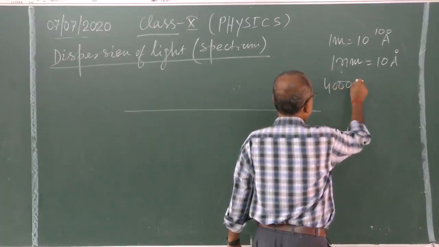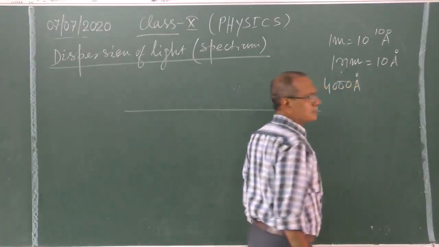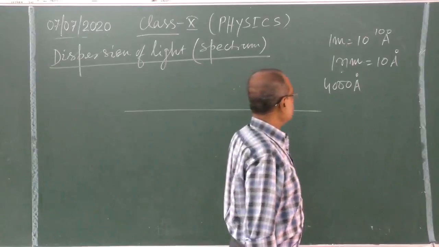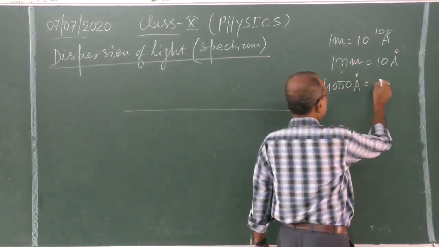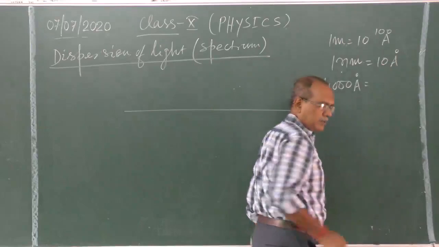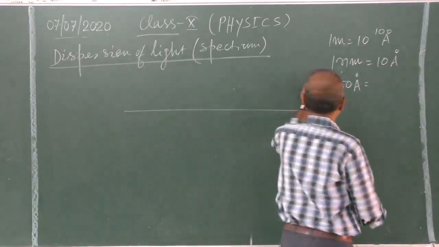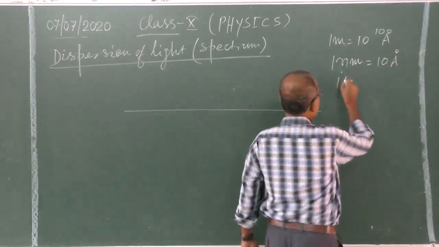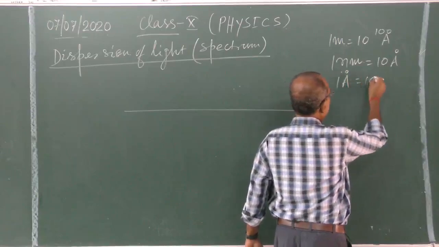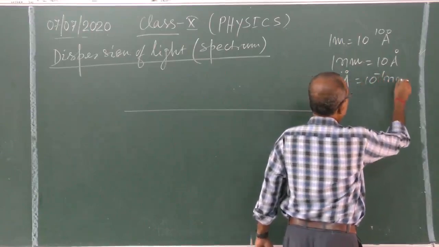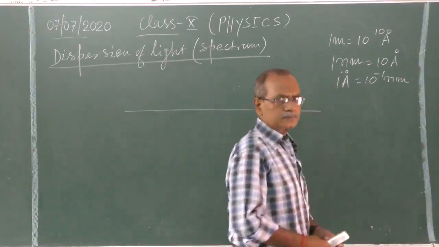So 1 angstrom is equal to 10 to the power minus 1 nanometer.